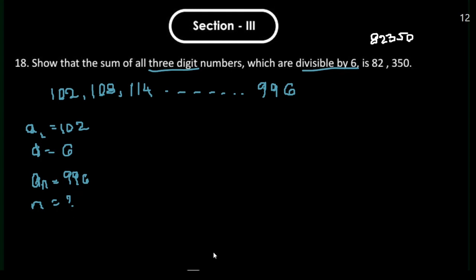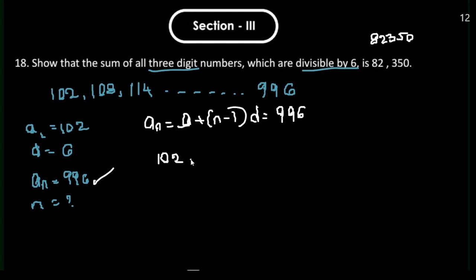They didn't give it, so in order to find it we use a_n, which is a plus n minus 1 into d, equal to 996. So 102 plus n minus 1 into 6 is equal to 996.